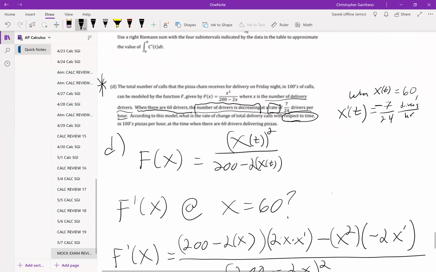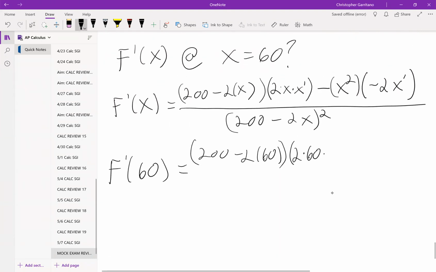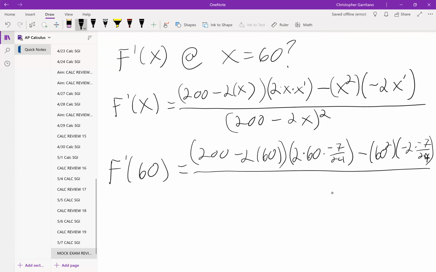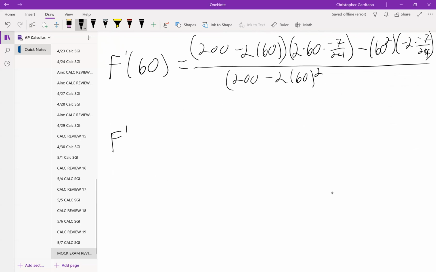Well, we were given the information that when x is equal to 60, x prime is negative 7/24. So I'll plug that in there. Minus 60 squared times negative 2 times negative 7/24. All of this divided by 200 minus 2 times 60, and that entire quantity squared. That's F prime of 60.